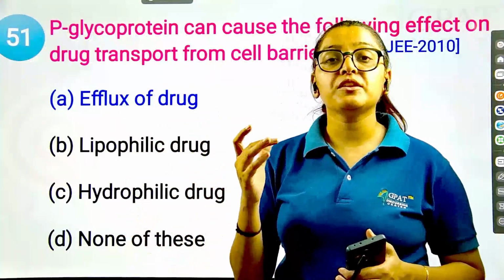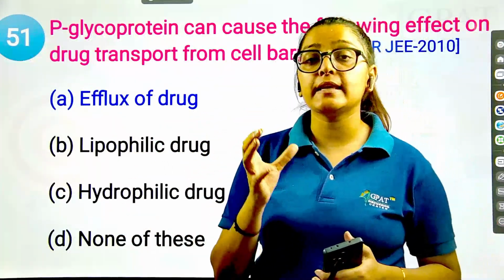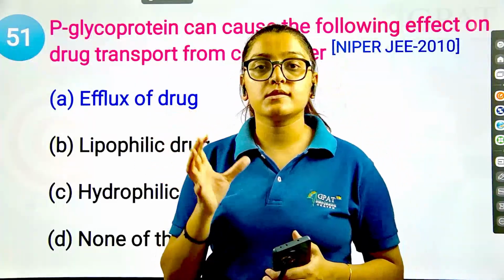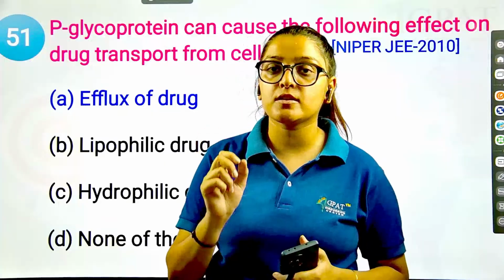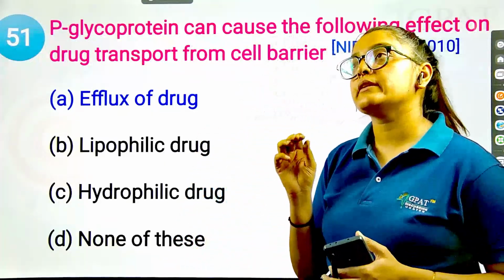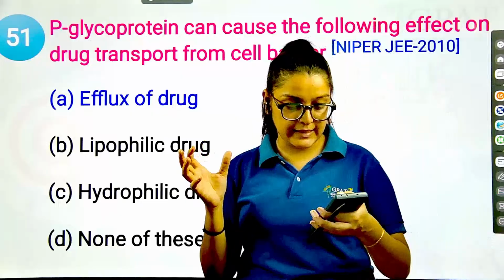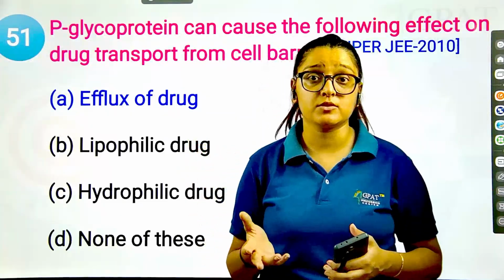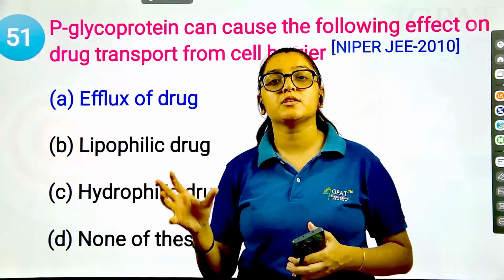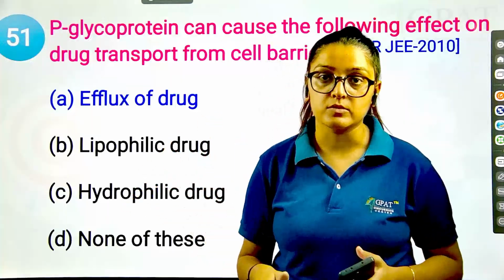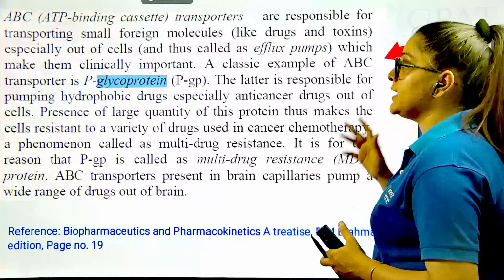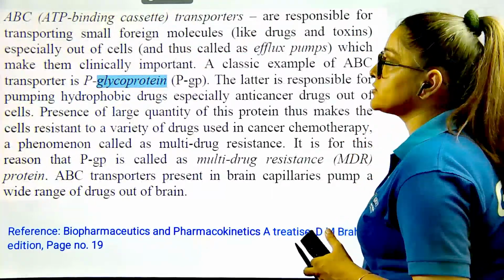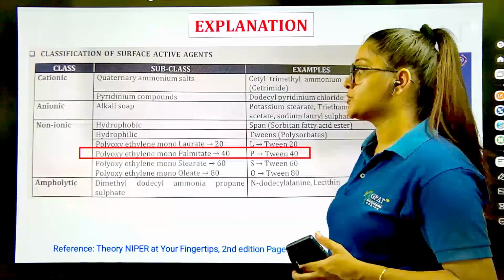This is one of the important reasons for cancer chemo resistance, also multi-drug resistance. This P-gp is a major issue. So in the case of anti-cancer drugs which are P-gp substrates, obviously you have to give certain P-gp inhibitors also. These P-gp are causing the efflux of drugs through the ABC transporters.